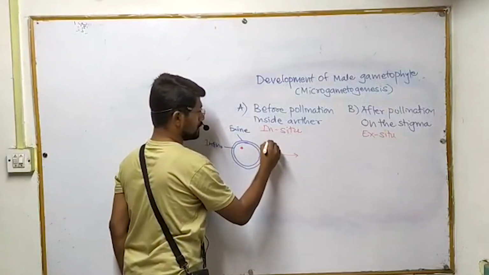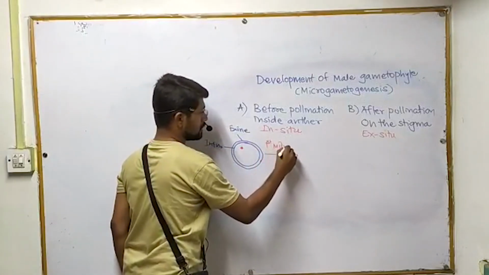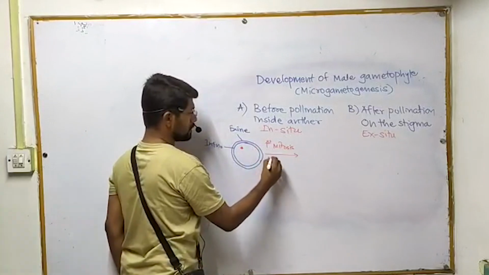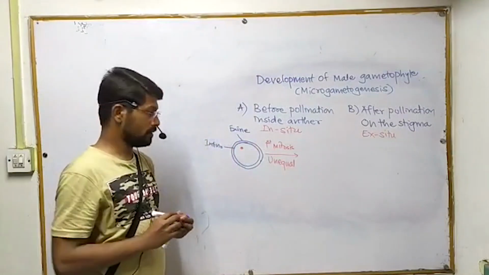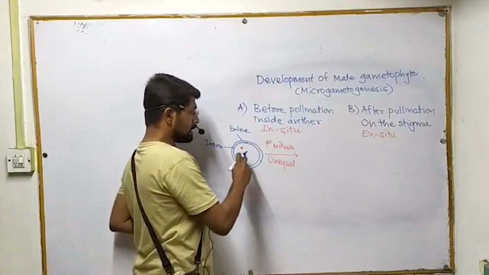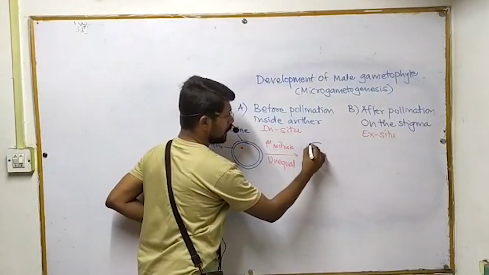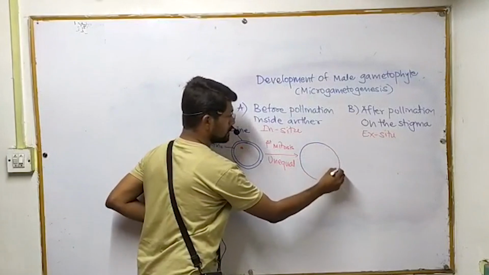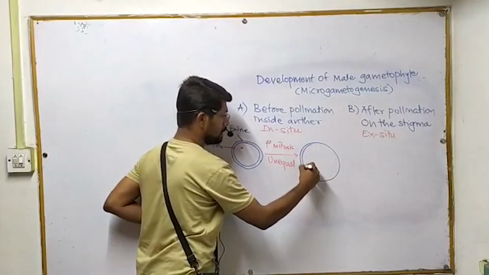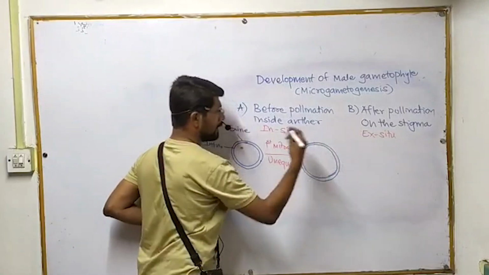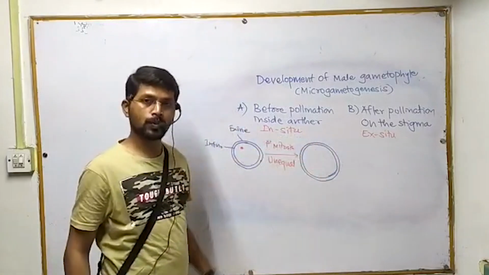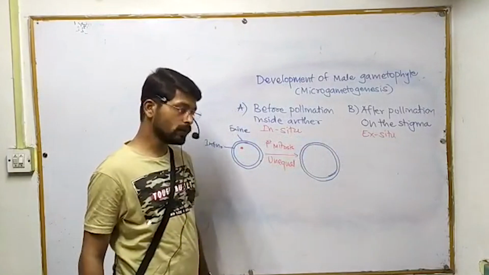So you can say first mitosis, and this first mitosis is unequal in nature. This single cell divides unequally to produce two unequal cells like this. This is the sporoderm boundary. The entire process is occurring inside the microspore, and therefore we use the term endosporic development.